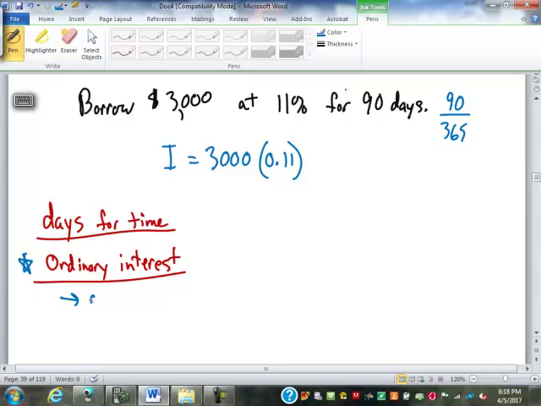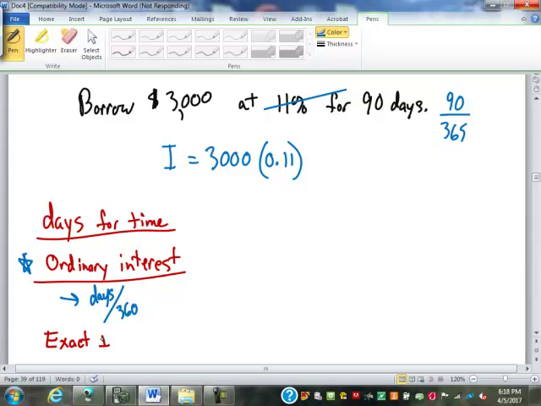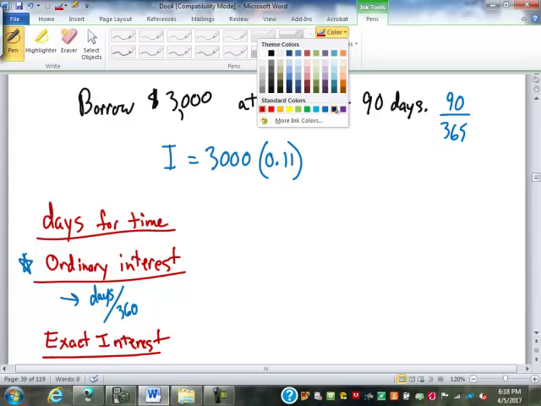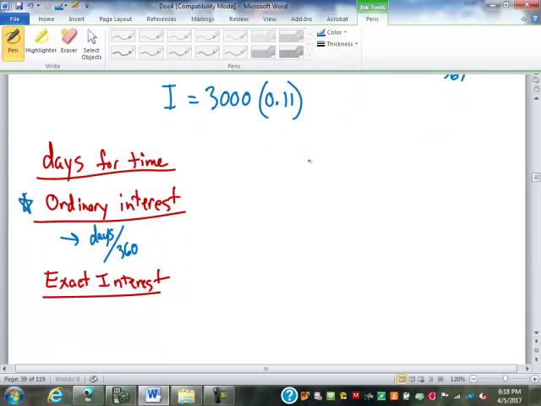For ordinary interest, they use the days divided by 360. Then there's also something called exact interest. For exact interest, they use the days divided by 365.